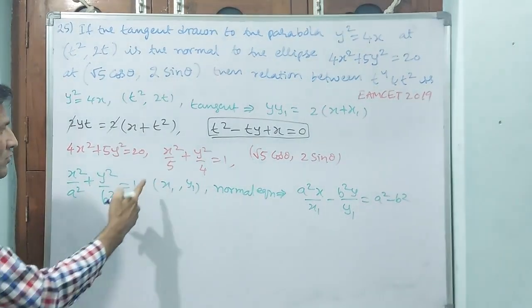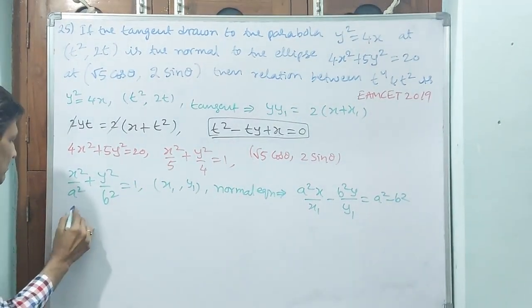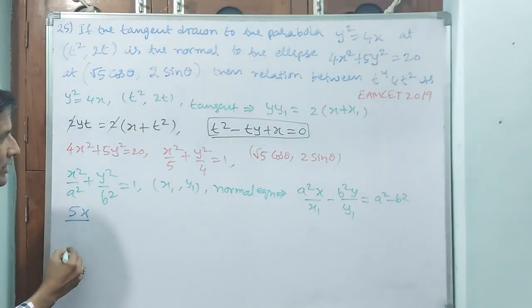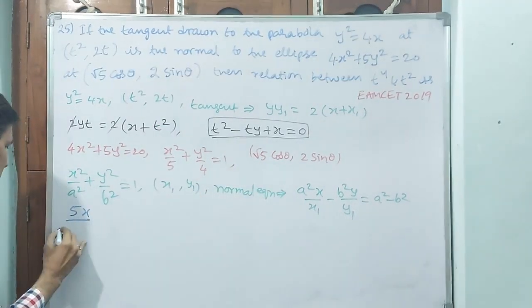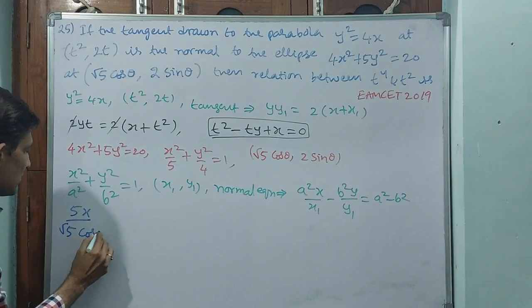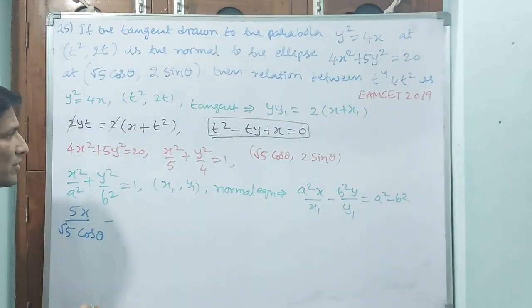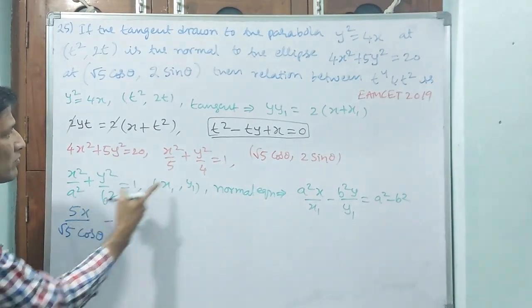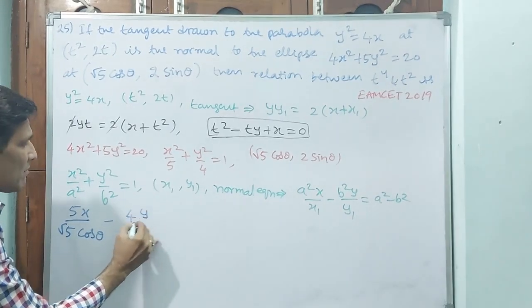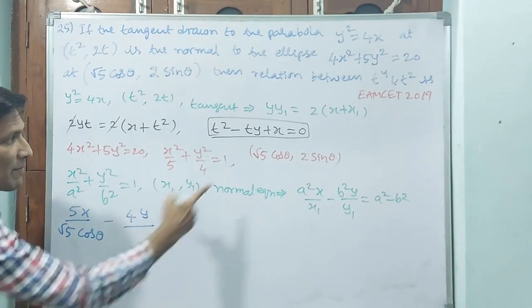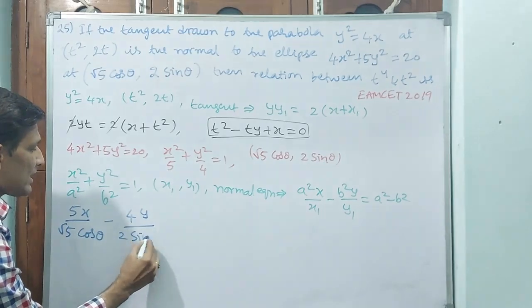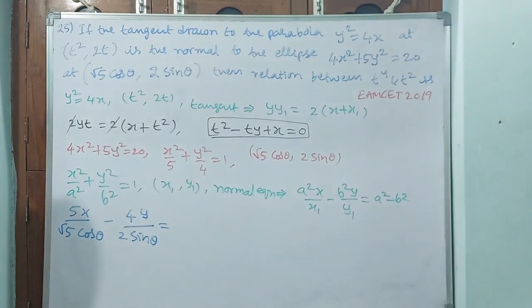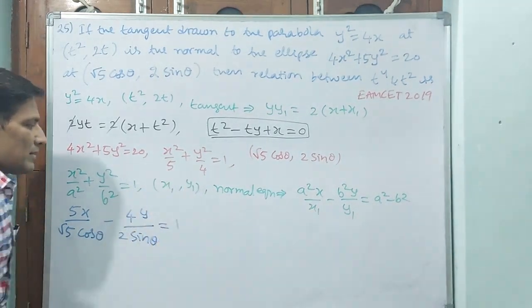A square is how much? A square is 5. 5x by x1, x1 is how much? Root 5 cos theta, minus b square. B square is how much? B square is 4. 4y by y1, y1 is 2 sin theta, is equal to a square minus b square. 5 minus 4, 1.